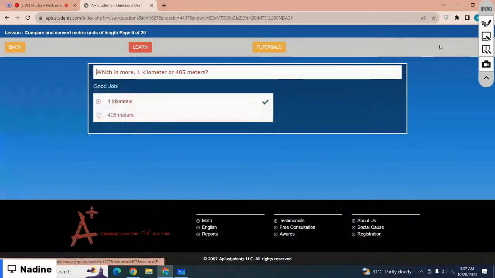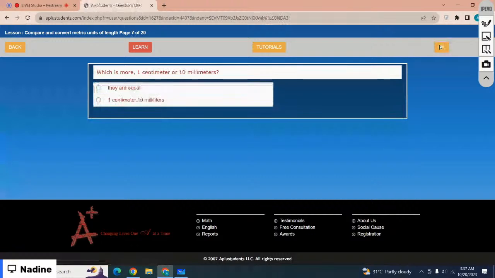So 1 kilometer is more than 405 meters. Which is more, 1 centimeter or 10 millimeters? They are equal, right? Because in 1 centimeter you have 10 millimeters, so they are equal.